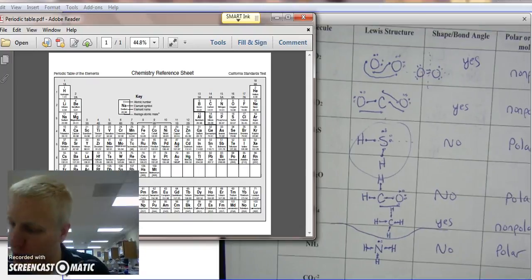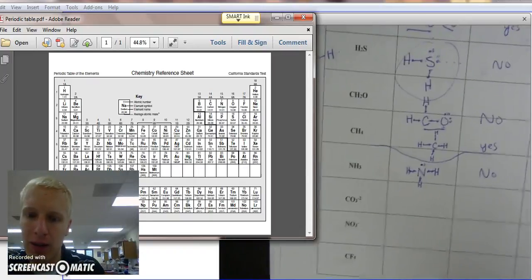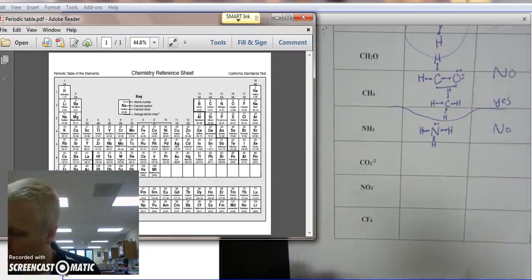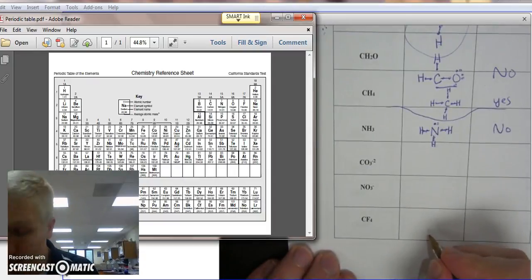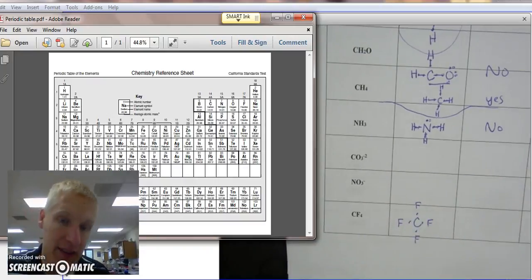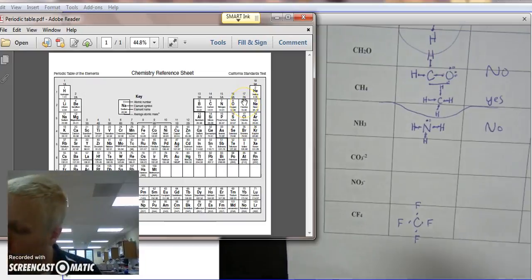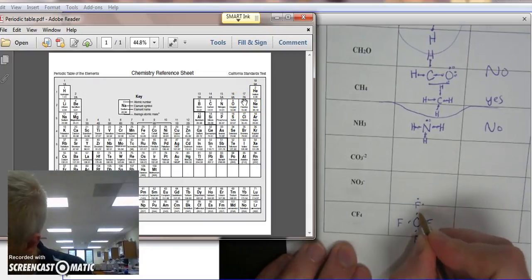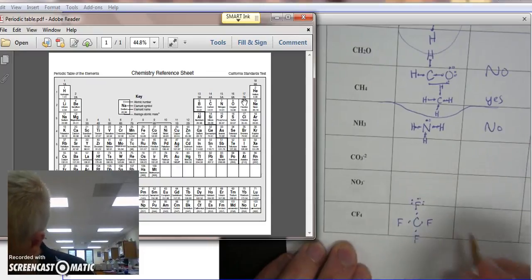Alright, just for fun, we'll do one more. Let's skip down to CF4. Carbon is in the center. It's always in the center. It's also the one least supply. And it has 4 outer electrons, and it's bonded to 4 fluorines. And fluorine, remember, is a halogen which has 7 outer electrons located right here in the periodic table. And 1, 2, 3, 4, 5, 6. I'm going to put 7 over there so the picture is pretty.